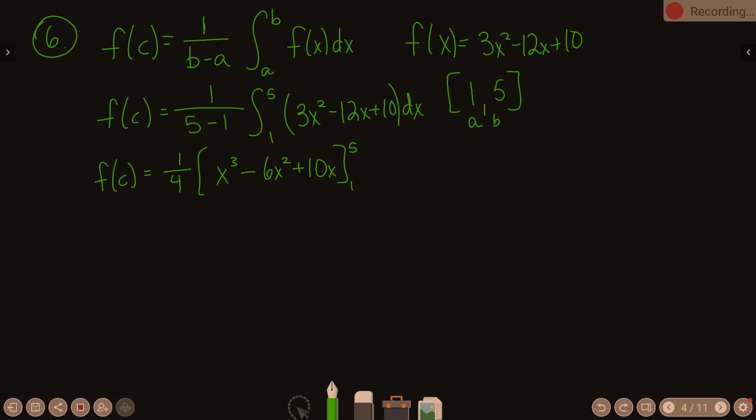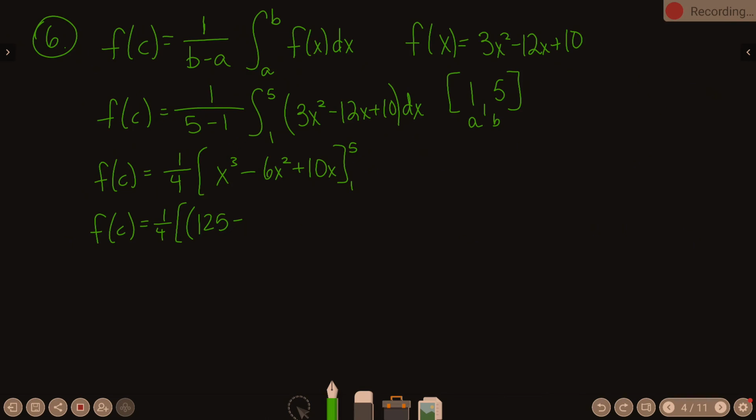Stop me if I get going too fast, but the basics I think you're fine with here. Go ahead and evaluate. I'm going to keep my 1/4 out front. I'm going to plug in 5. 5 to the third, I believe, is 125. Minus 6 times 5 squared.